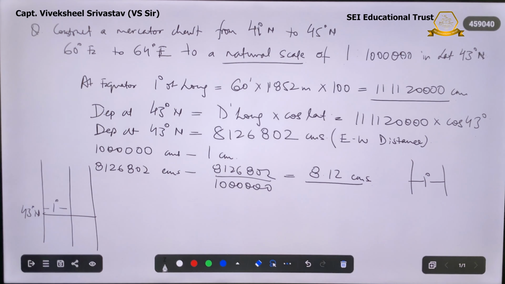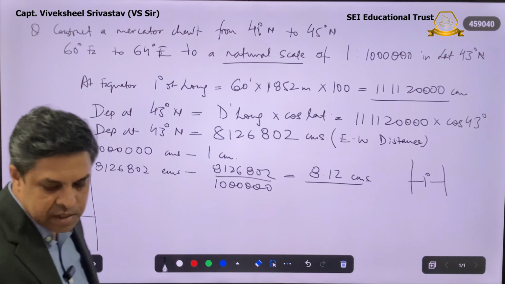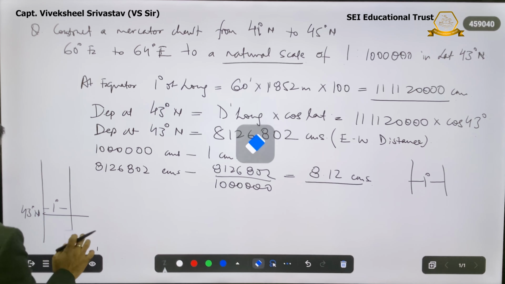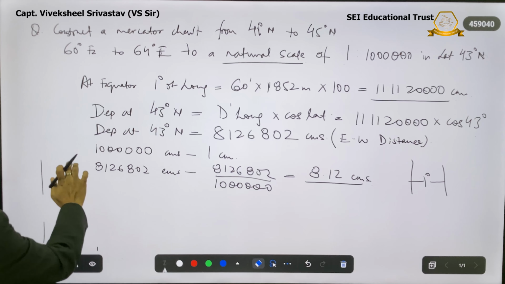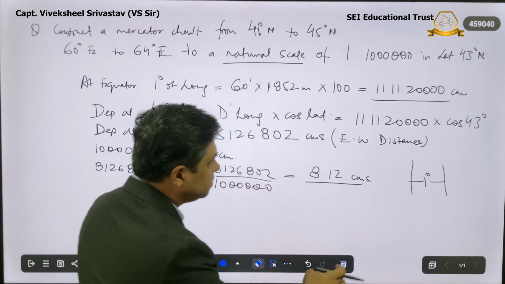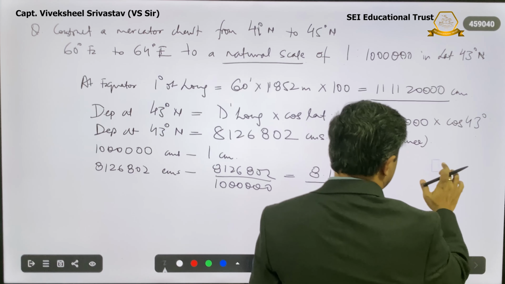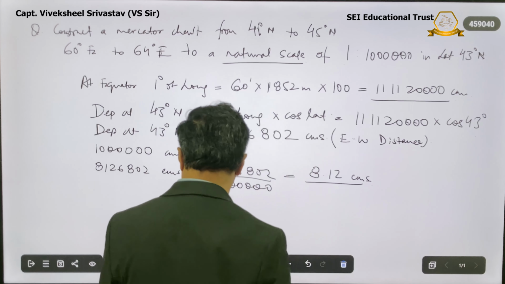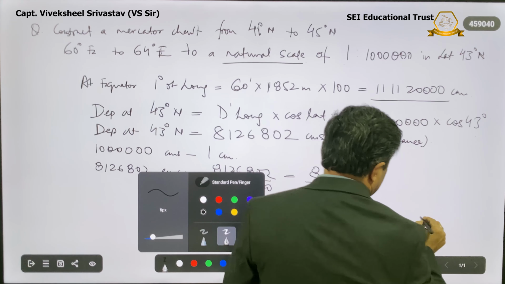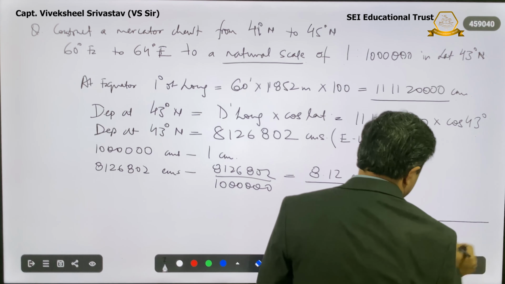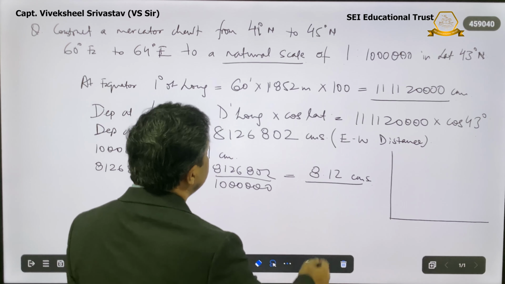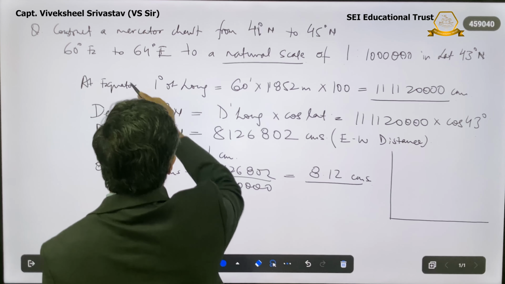Okay, so we can start off the chart. We can start now with the chart by placing the meridians at that much distance apart. So, okay. I'll draw a line and my first meridian is 60 to 64.